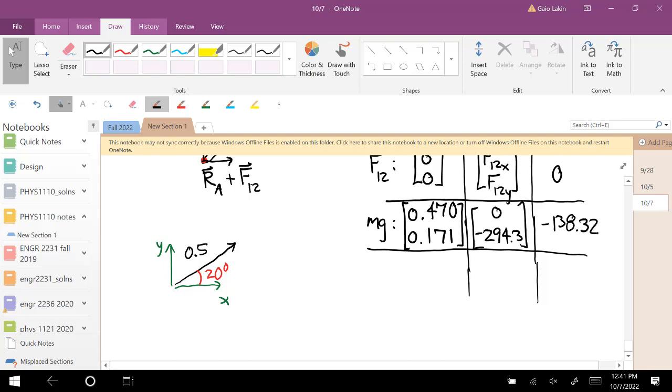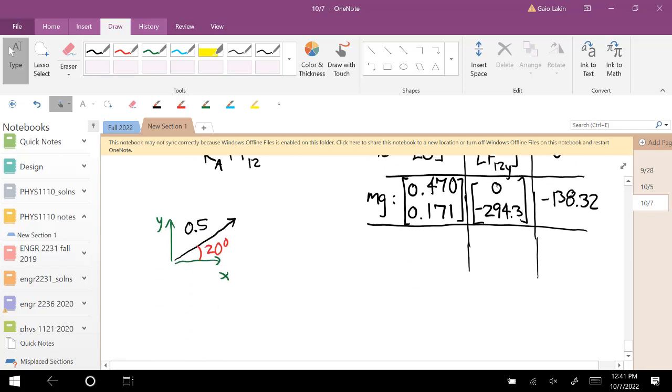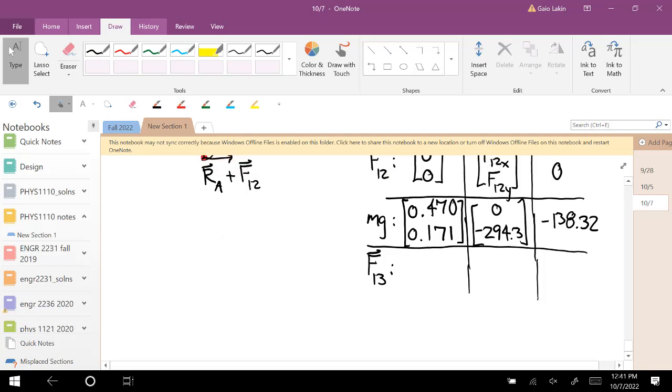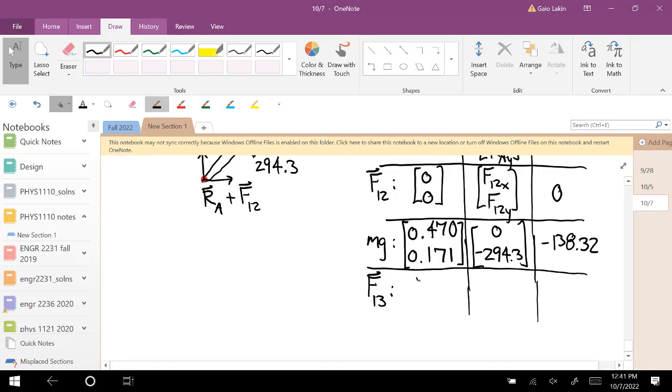Okay. And then we have the force on 1 by 3. That's 1 times cosine and sine of 20. So that's 0.940, 0.342.